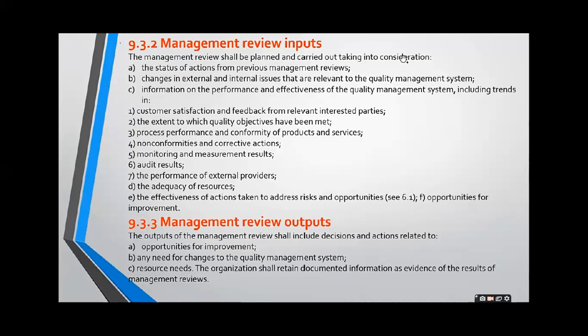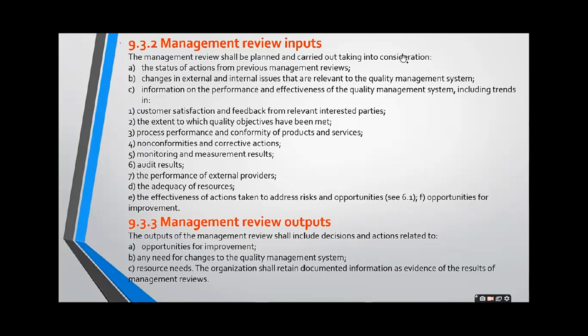Okay, so part B is the external and internal changes. You will consider any changes in the external environment, for example regulations, market trends, and internal factors like organizational structure or resources that the organization has, because all of these will impact the quality management system.